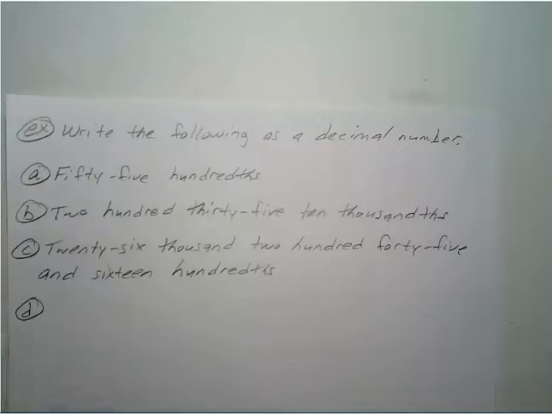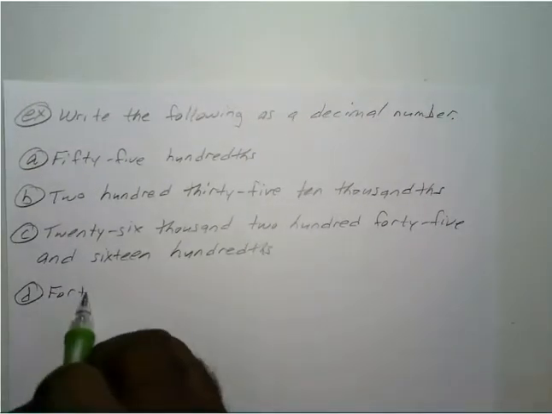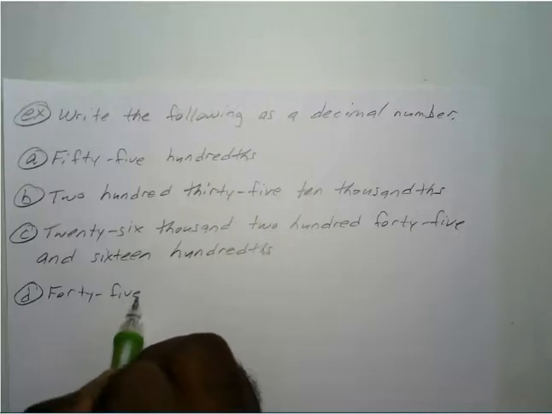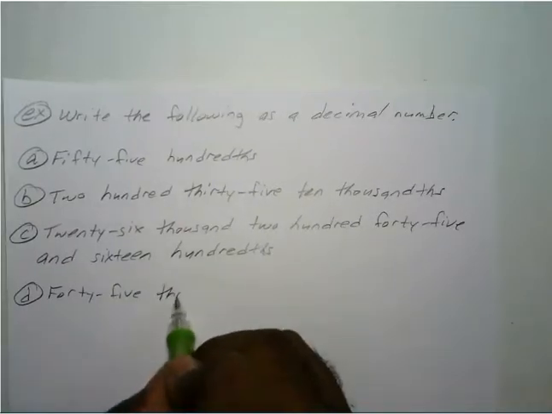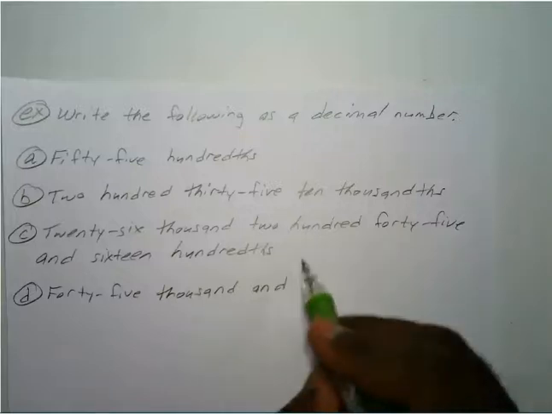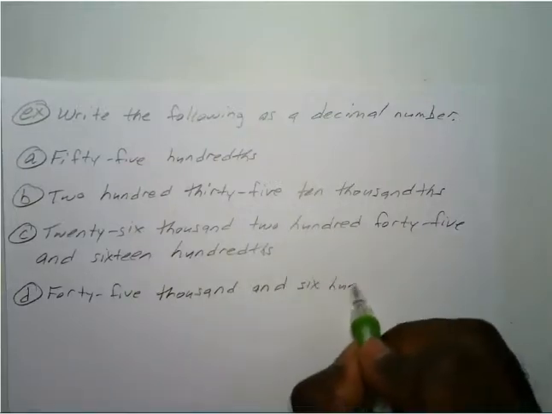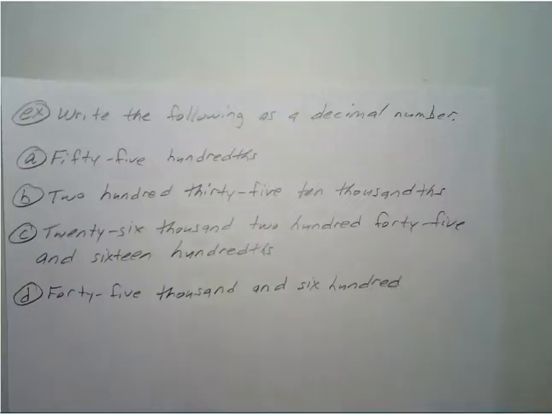Say for problem D, 45,000 and 621 thousandths.